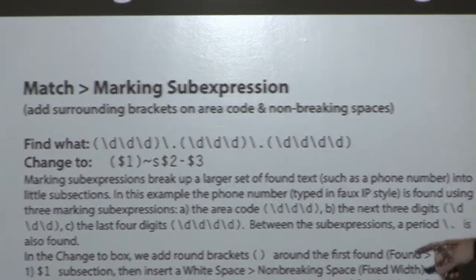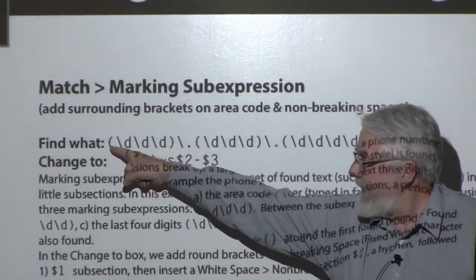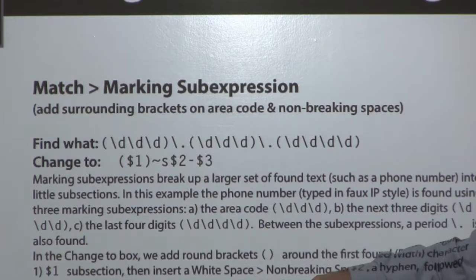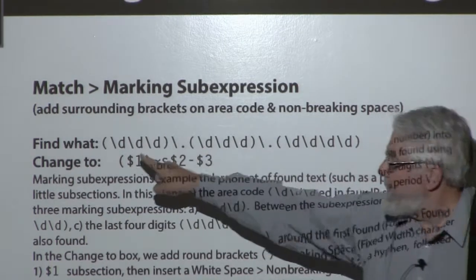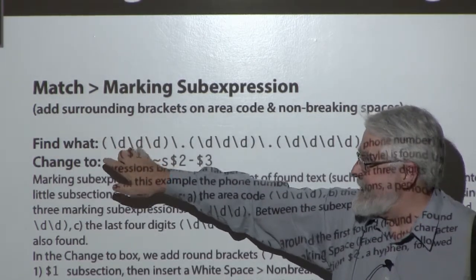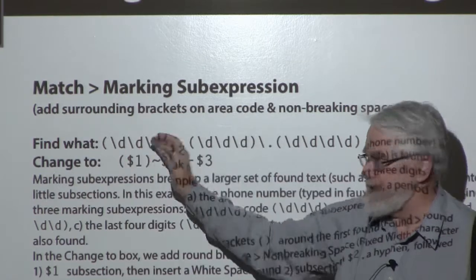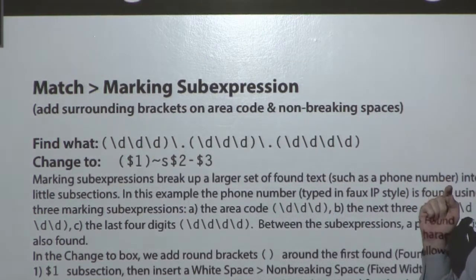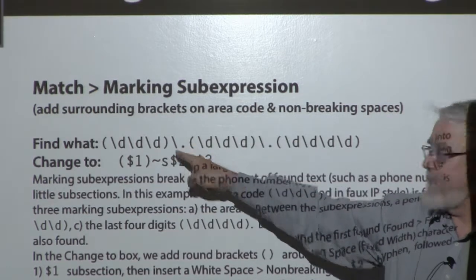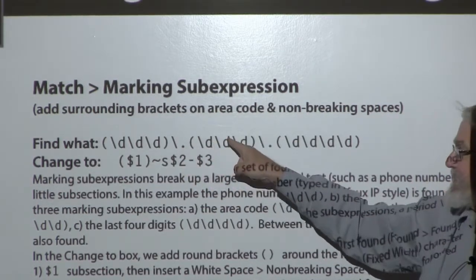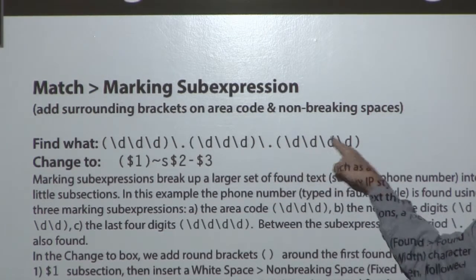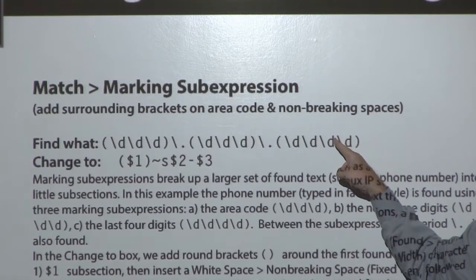So what you're telling it to do here is find any digit, any digit, any digit, followed by an actual period. Then find any digit, any digit, any digit, followed by an actual period, and 4 any digits.